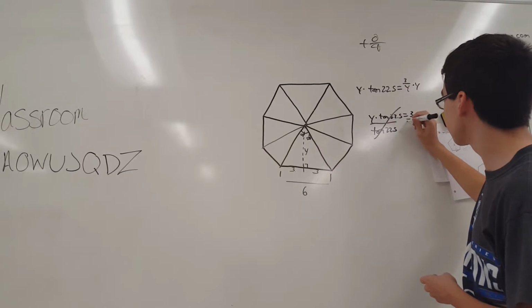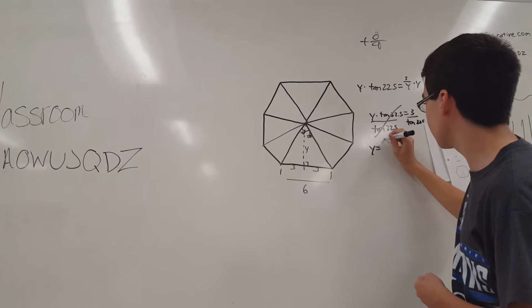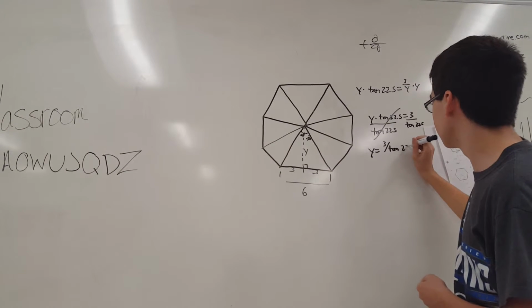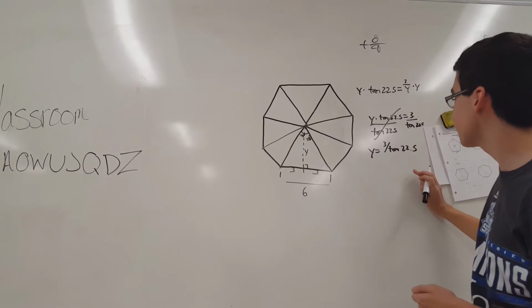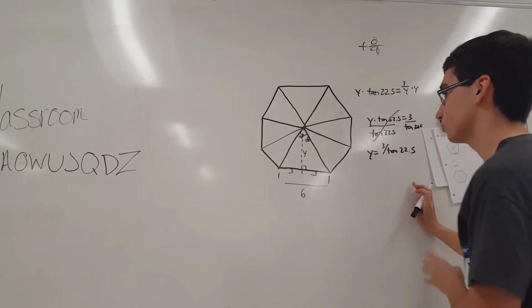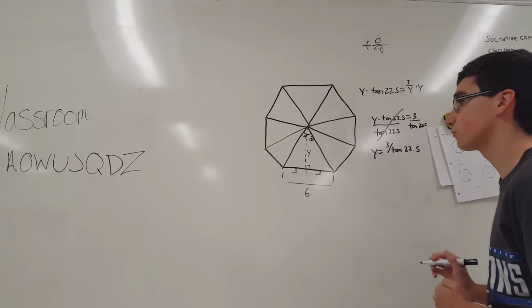Cross them out, so you are left with y equals 3 divided by the tangent of 22.5. You plug that into your calculator and you get y, which is 7.24. So 7.24 is your height.